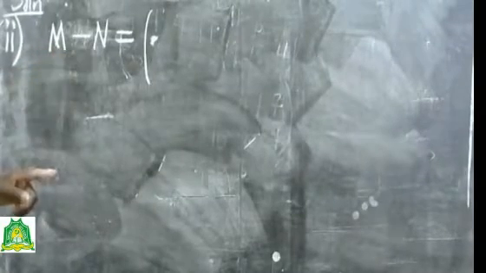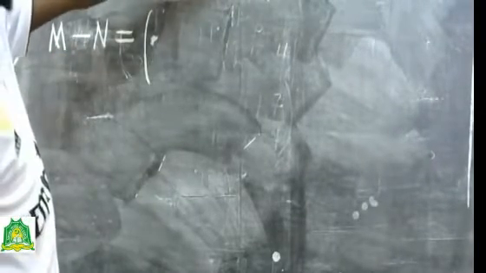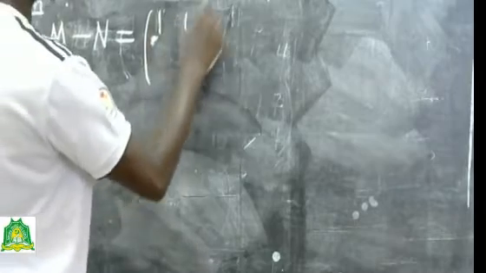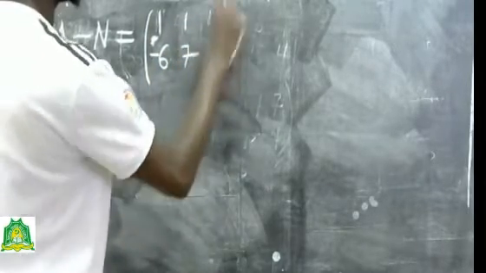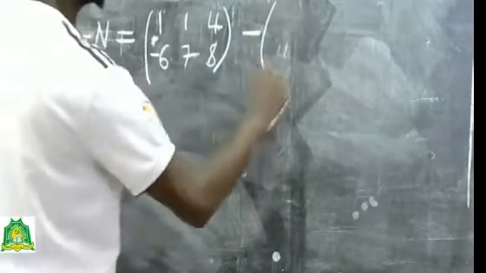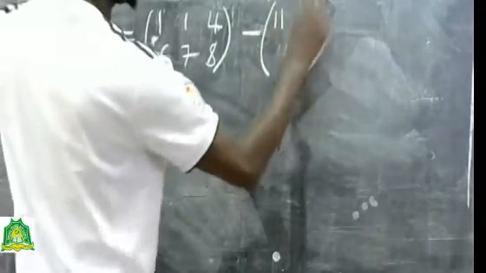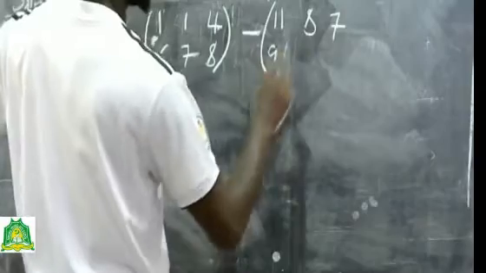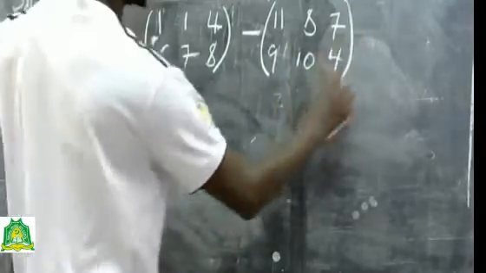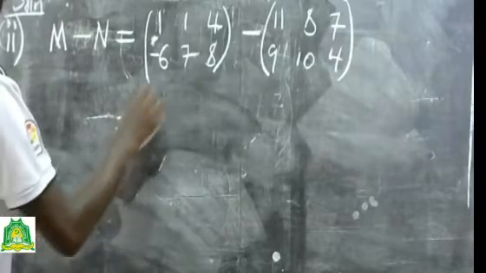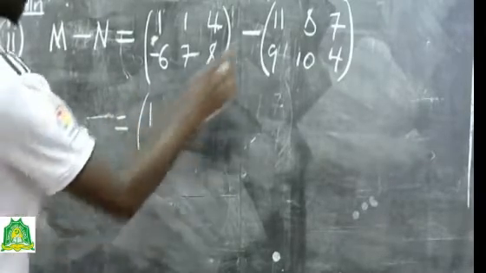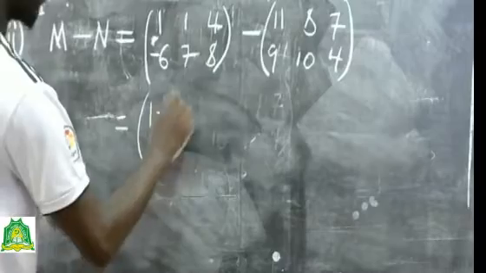So Roman 2, M minus N. I substitute the M, which is 1, 1, 4, negative 6, 7, 8, then minus 11, 8, 7, 9, 10, and 4. So the 1 corresponds to 11, so 1 minus 11.